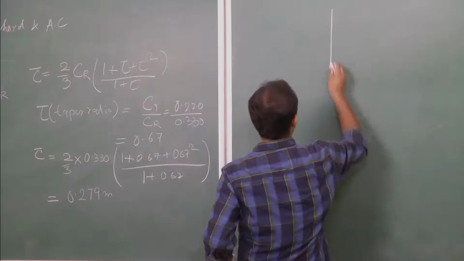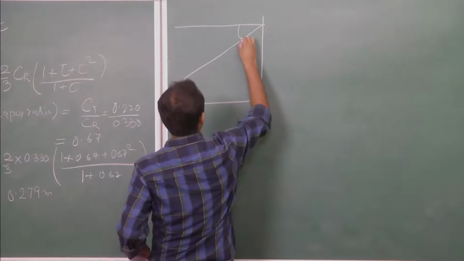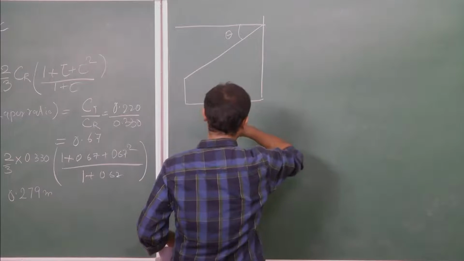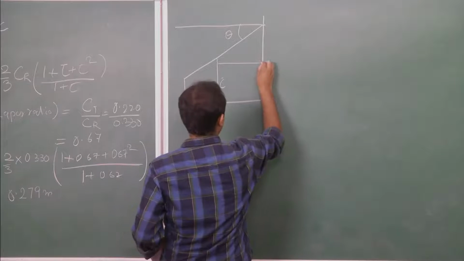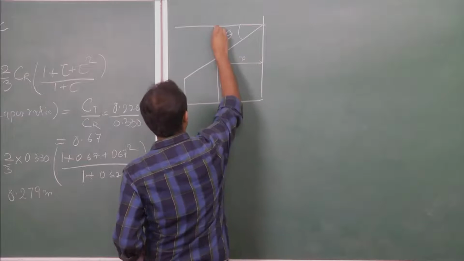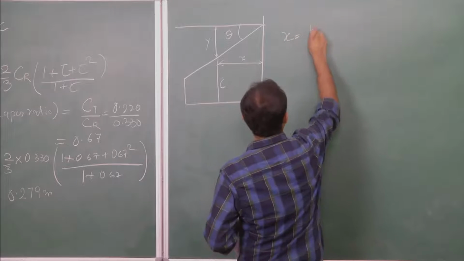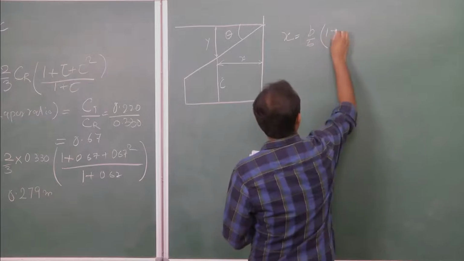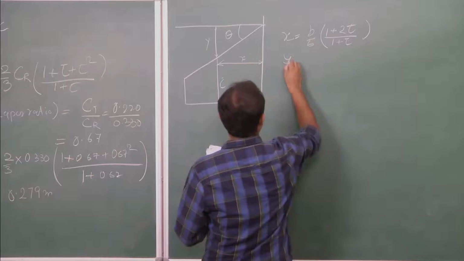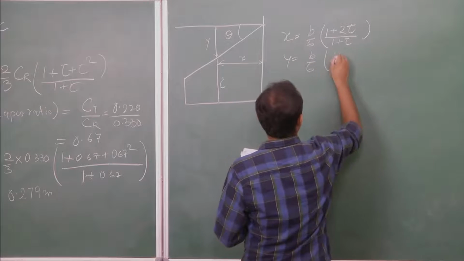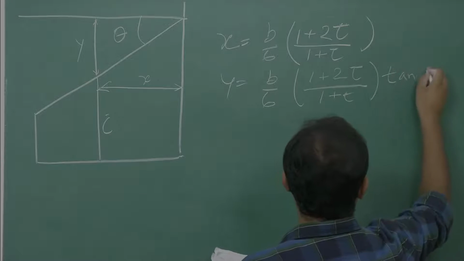Once you have calculated your mean aerodynamic chord, now you have to calculate the aerodynamic center. Since in the question it's already given that you have a sweep of 5 degrees, this is suppose some theta, and this is your mean aerodynamic chord, then the distance from the root x and y from the horizontal line are given as x equals b by 6 into 1 plus 2 tau by 1 plus tau, and y is given as b by 6 into 1 plus 2 tau by 1 plus tau into tan of theta.